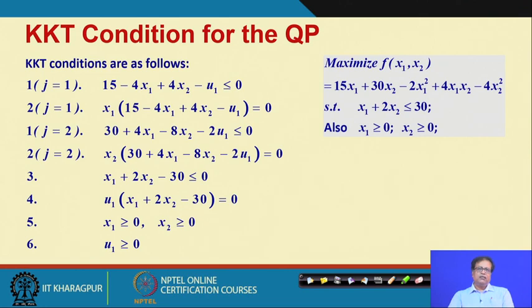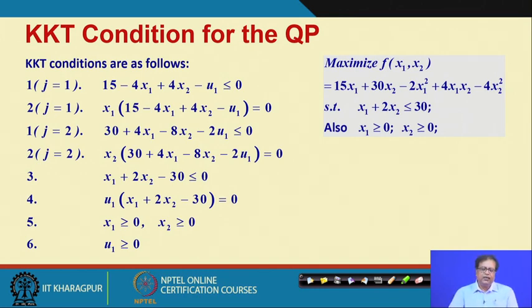So, if x 1 is less than equal to 0, then y 1 will be greater than equal to 0 and then replace x 1 by y 1 everywhere. So, we have to do some transformation to put the problem in the standard form. Luckily, this particular problem is in the standard form.